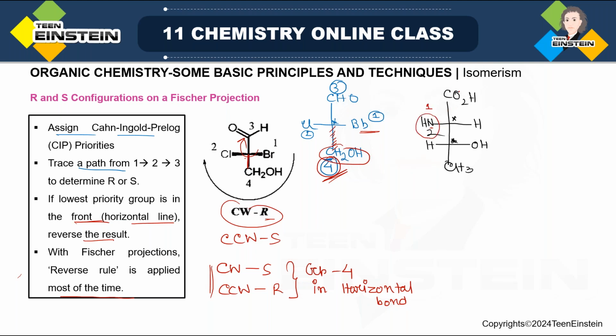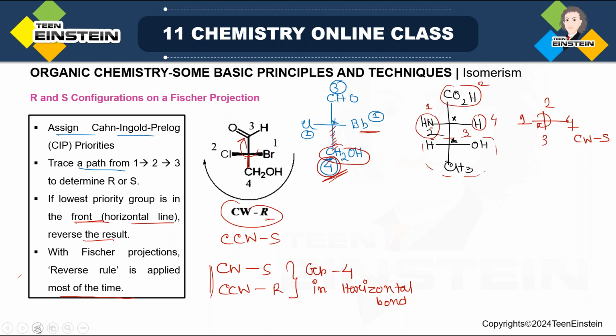After that, CO2H group will be 2 and H is obviously 4, and the rest of the part is number 3. So we are getting 1, 2, 4 and 3. So 1 to 2 to 3, the movement is clockwise, but still it will be S. Why? Because 4 is in the horizontal bond.